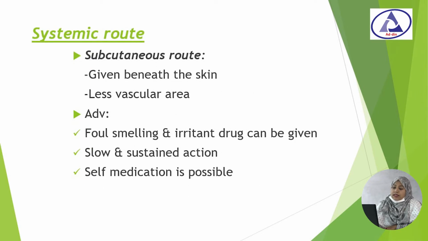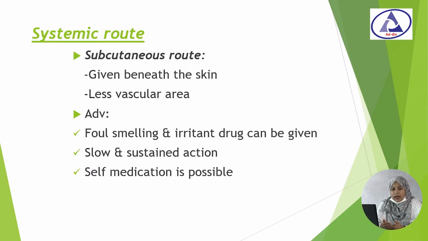Now, systemic routes. Systemic routes means the subcutaneous route, intravenous route, intramuscular route, etc. Subcutaneous route means the drug is given just under the skin, in the subcutaneous area. This is a less vascular area, and we know that a less vascular area cannot spread the drug easily.